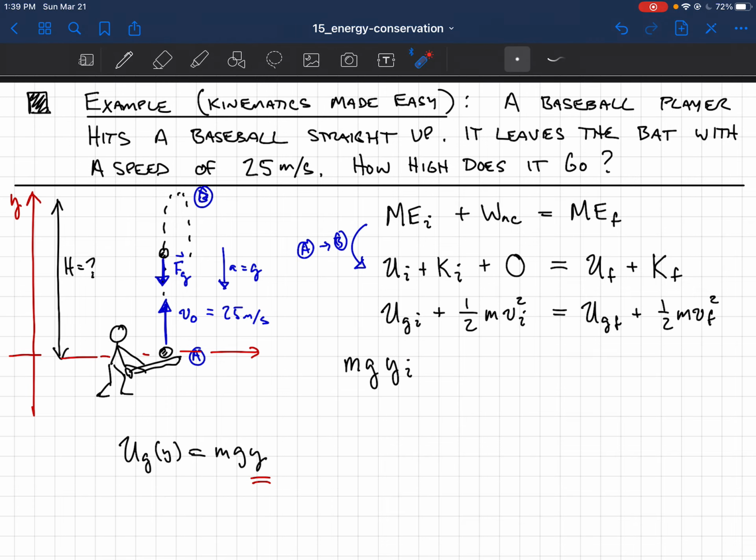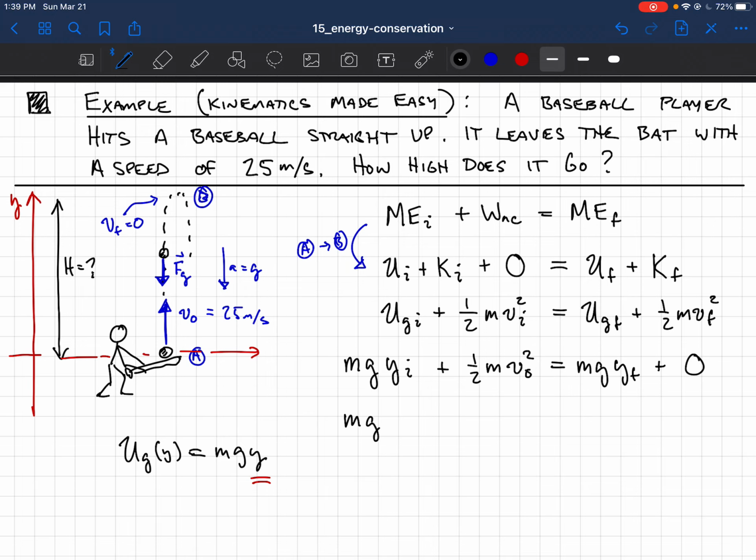But this quantity here will definitely be 0 because at point A, my initial position, the y value is equal to 0. Okay, so we have 1/2 m v initial squared. Well, v initial we called v0, so I can write 1/2 m v0 squared. U_G final, well, that's m g y final. And then 1/2 m v final squared, well, up here at the top, v final is equal to 0. The ball stops. So I can write that whole term equal to 0.